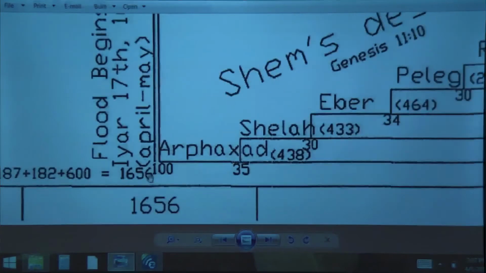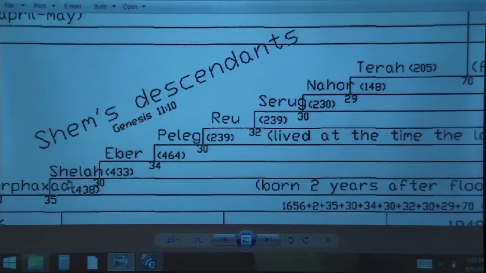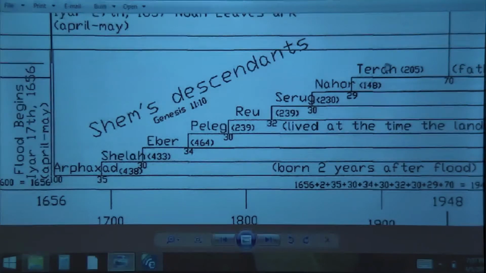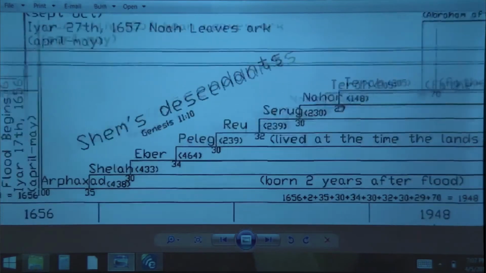So we know that we're given in the Bible that 2 years after the flood, Shem had his first son, Arphaxad. When he was 35, he had Shelah. When he was 30, he had Eber. When Eber was 34, he had Peleg. So this is the descendants, and this lineage of Shem goes all the way up to Nahor, who had Terah, who had Abraham. So it gives us that lineage.